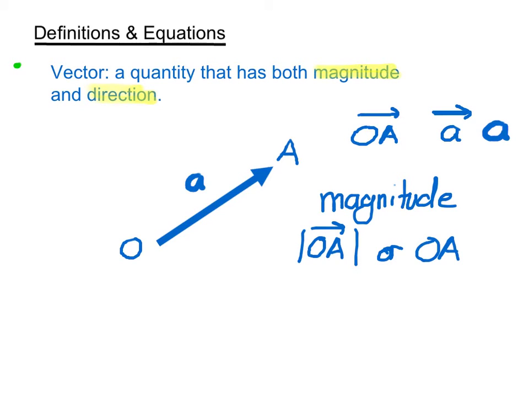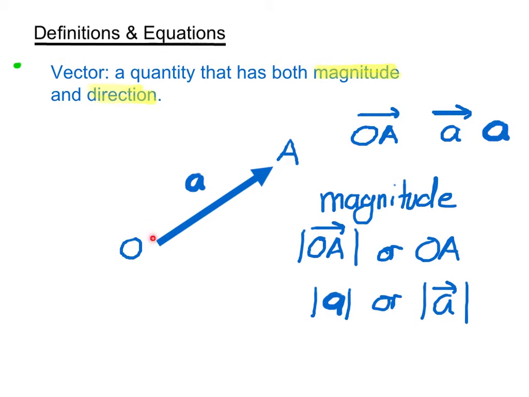OA without the arrow on top, or the absolute value of the bolded a, or the absolute value of a lowercase a with an arrow over it. And this is how most students would represent arrows, or the magnitude of an arrow in their notes.